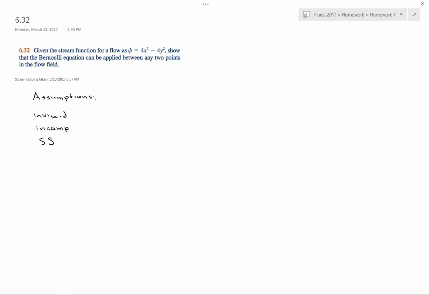Exactly. So now what we find is if it's irrotational, we can put it between any 2 points. If it's not irrotational, then it has to be along a streamline. So how do we find if it's irrotational or not?